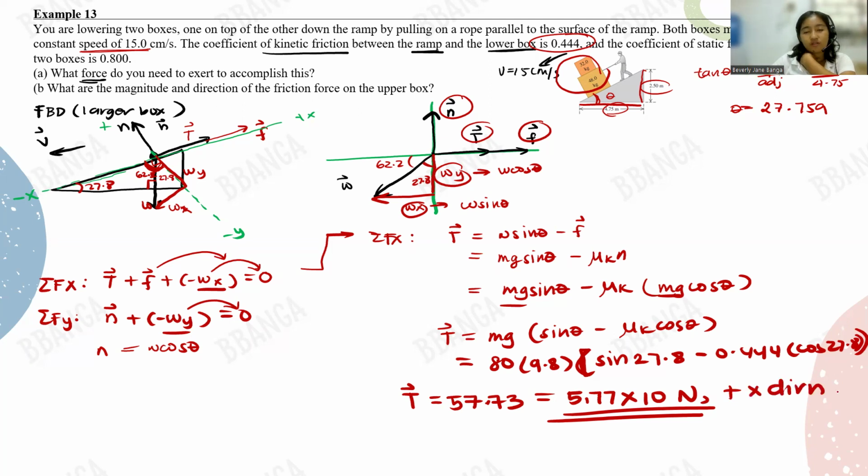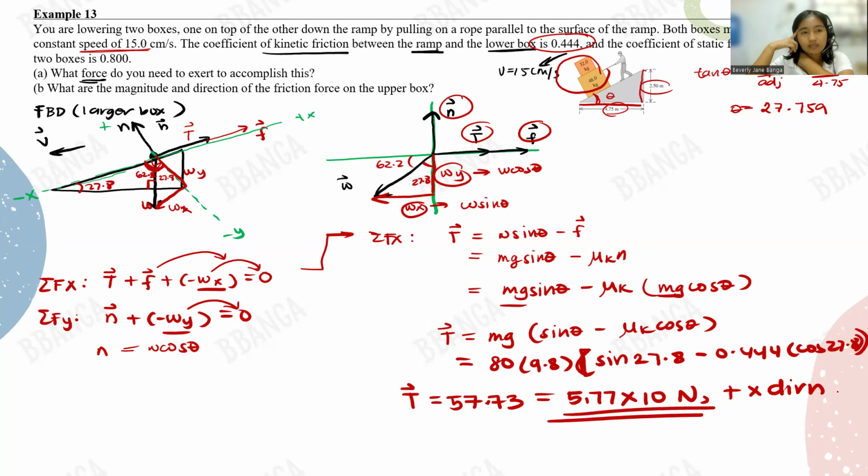Okay, so 57.73. Paki-double check na lang din yung mga values na nilalagay ko. So next is punta naman tayo sa magnitude and direction ng friction force on the upper box.